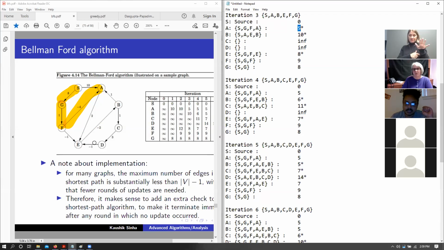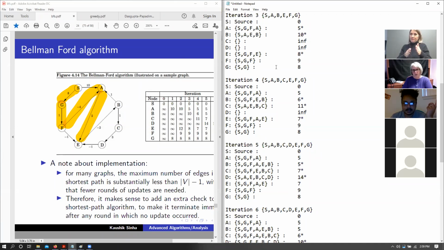Now we know that E is connected to A. So we can then say if this is 5 plus 2, E can potentially have an updated value where E initially had SGFE, but now E can have SGFA and then E, that gets us an updated value of 7. So E gets an updated value of 7 using this particular path here.